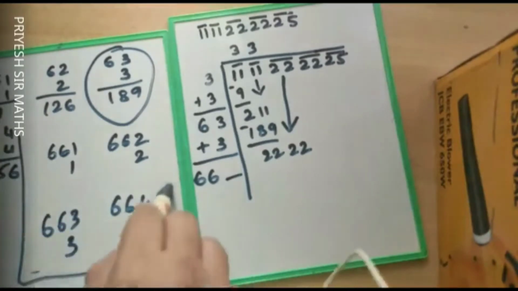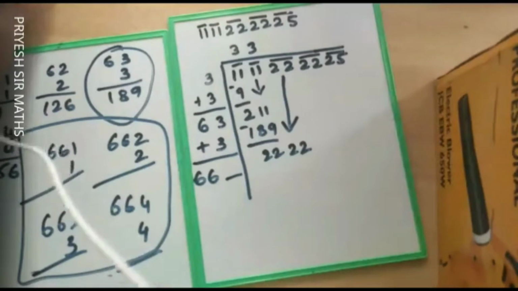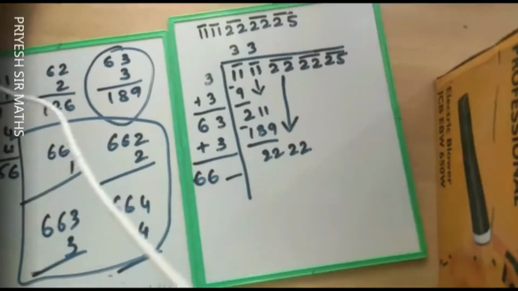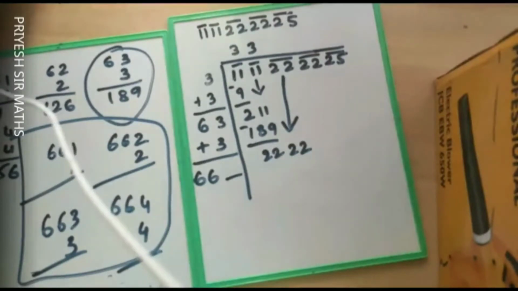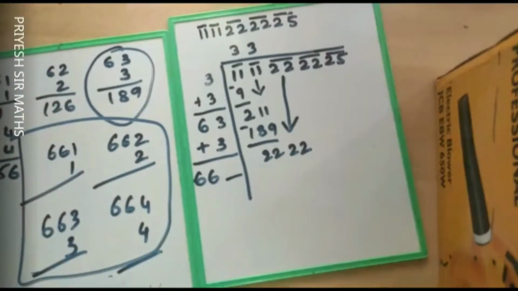Out of these 4, which will come? Can you please calculate and tell me what will come?